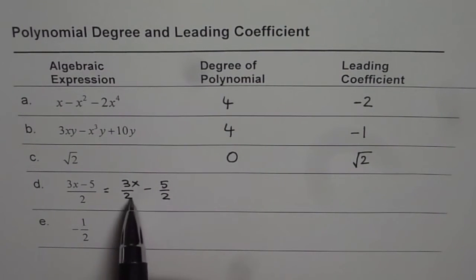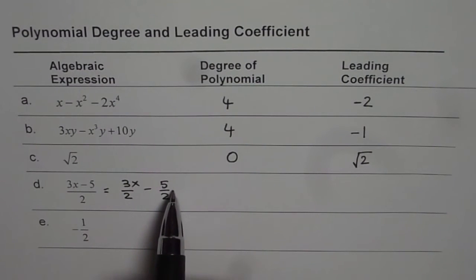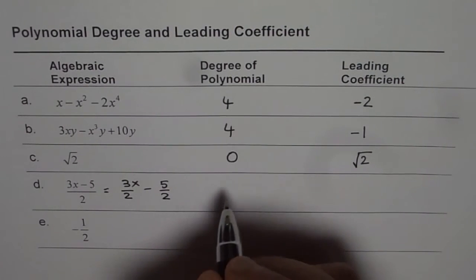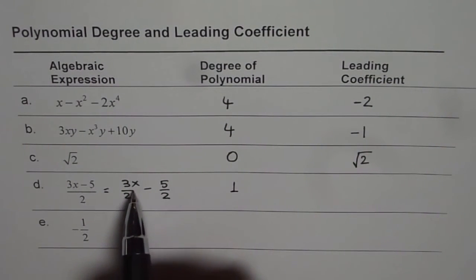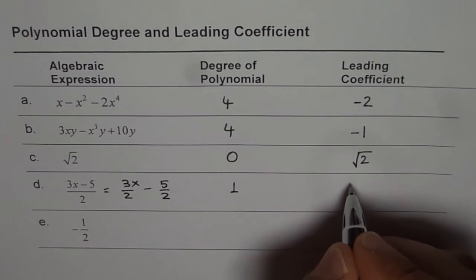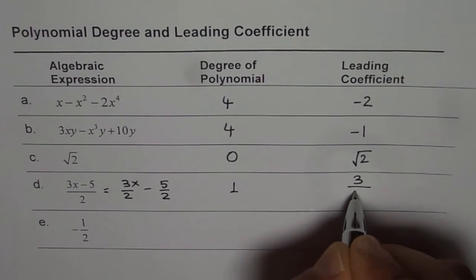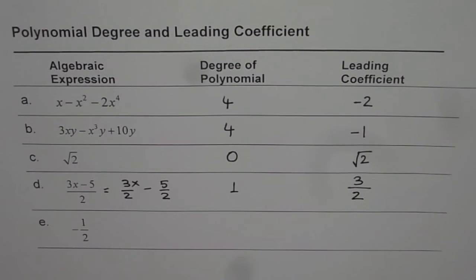Now we have two different terms here. It's a binomial. X to the power of 1, that is the highest degree of the first term. The degree for the second term is 0. So the degree of this polynomial is 1. The leading coefficient is coefficient for the first term, which is 3 over 2. So leading coefficient in this case is 3 over 2.